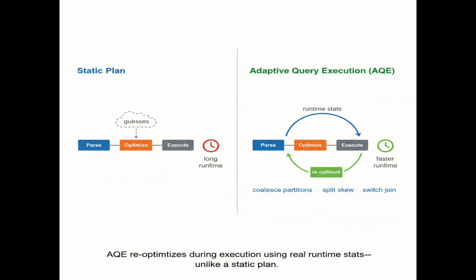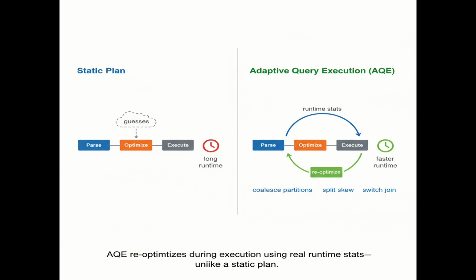While running the Spark job, classic Spark will parse, then optimize and execute. But in AQE, it will parse and start executing. While executing, based on the statistics, how it is running and what is happening inside, it will find out how Spark can run faster or use fewer resources, then it will re-optimize and execute again. So yeah, that's the thing.